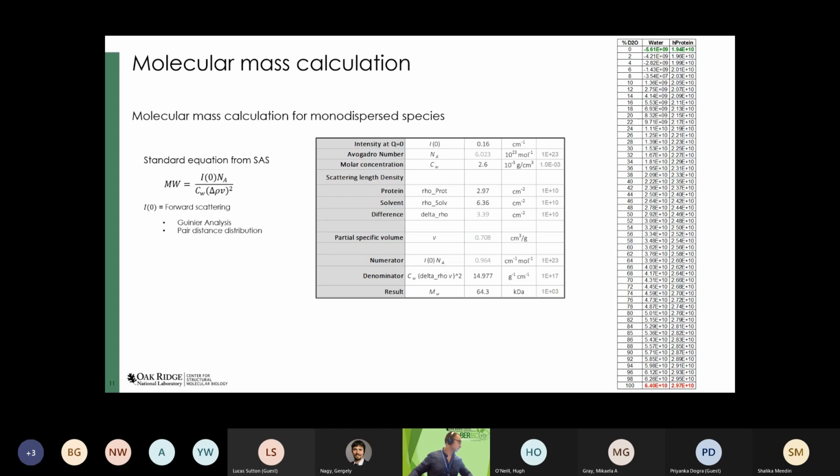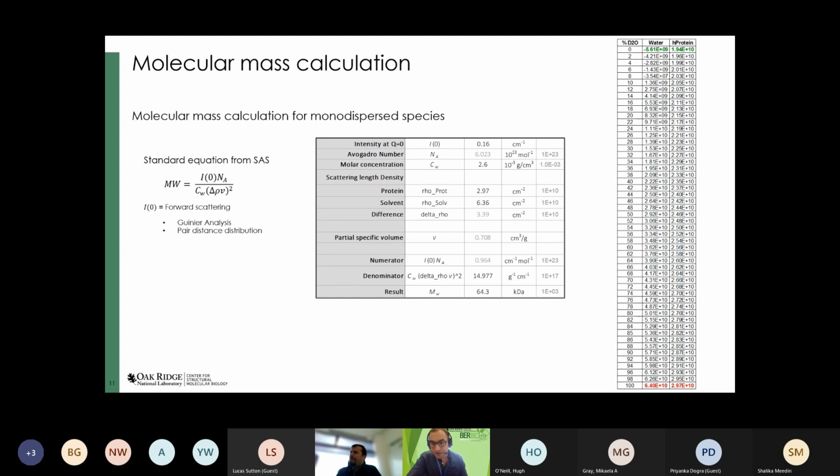So Gergely is also an expert in small angle scattering. So Gergely, you should feel free to weigh in here and give your opinions. Okay. Thank you. Yeah, go ahead. Yuki has a question there.